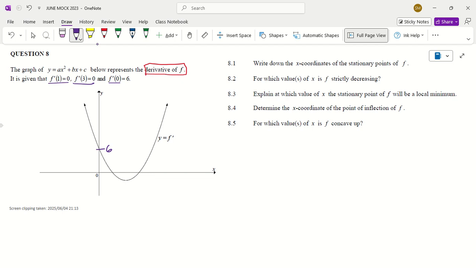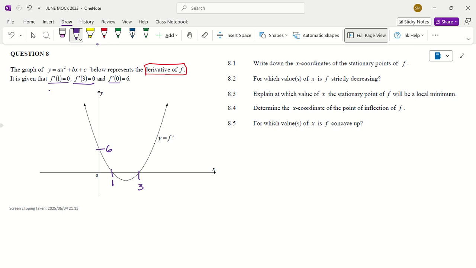Fine. And then now, this is the graph of the derivative, and the graph of the derivative at 1 is 0, so this would be 1, and then the derivative at 3 is 0, so this would be 3. So we have that information.